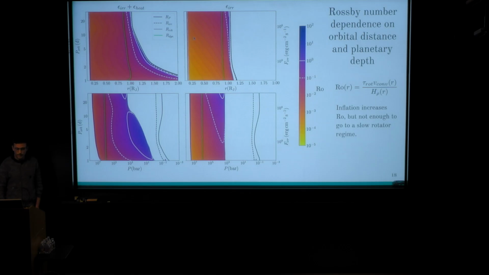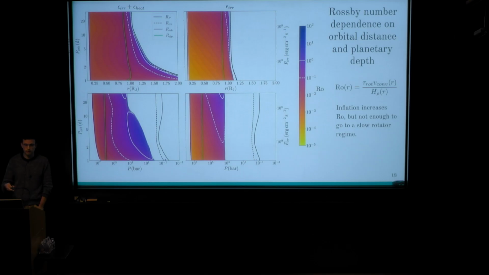These 2 panels on top and 2 panels on the bottom are the same, but I'm only changing radius and pressure. Why? Because if you use pressure, you can look more clearly at the atmosphere, but if you use radius, you can physically see how much bigger the dynamo region is. But the main conclusion is that all the dynamo region in both the inflated and non-inflated models is still below 0.1.